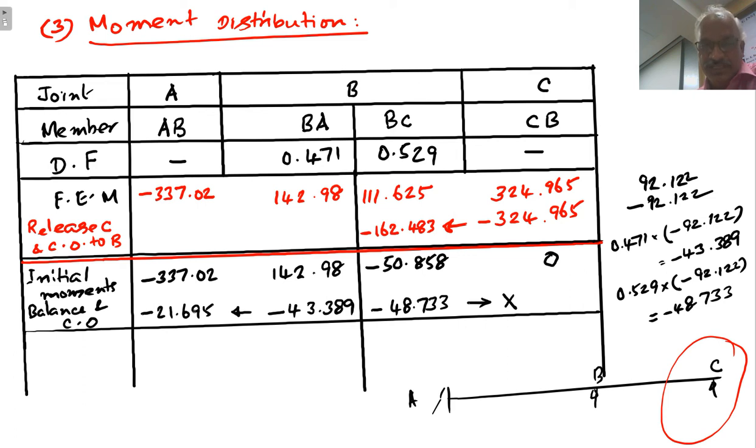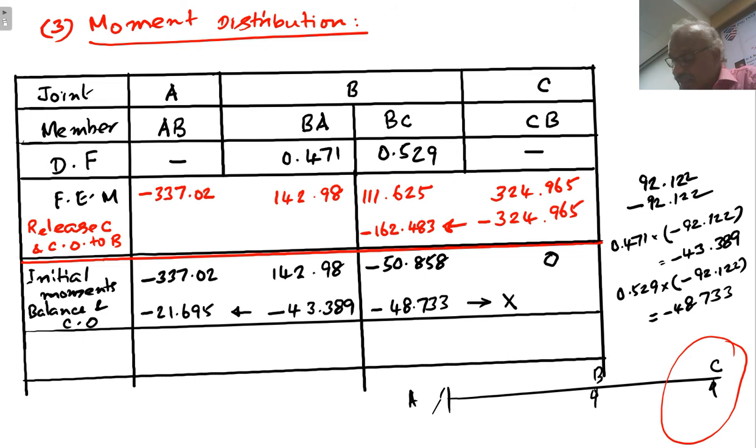That we will do in the future problems. So that completes the moment distribution process as far as this problem is concerned. But in some problems, you will have to do 10 iterations, 12 iterations, etc. It will be a continuous process.